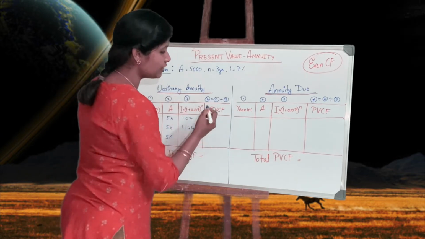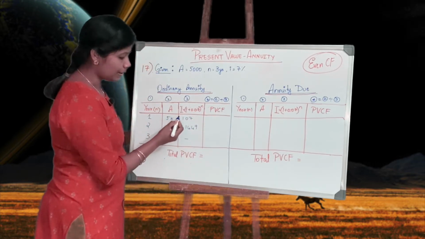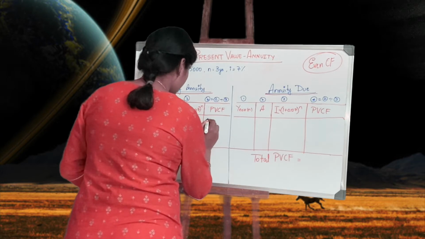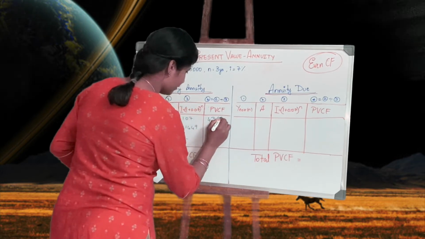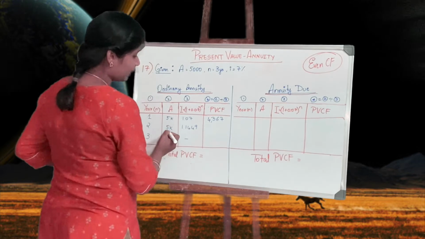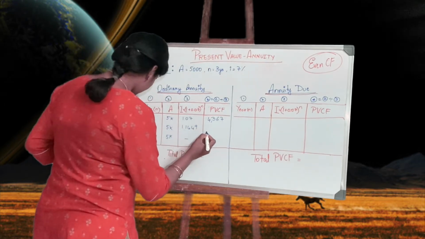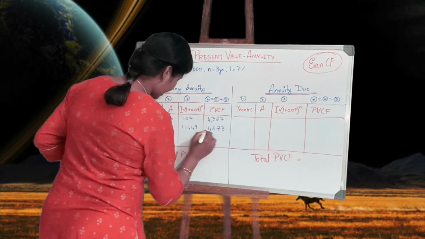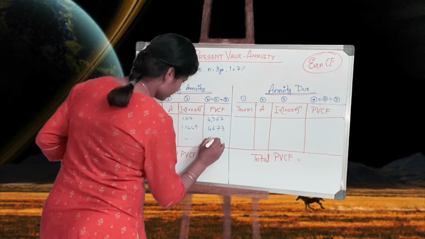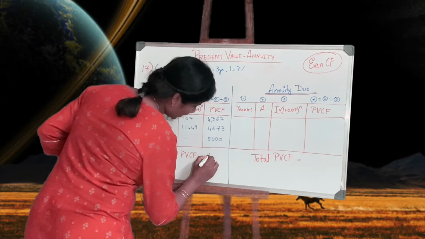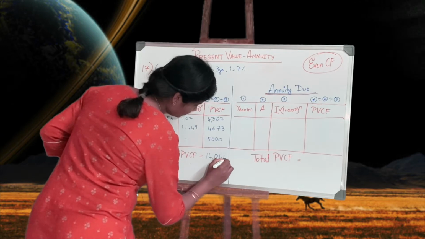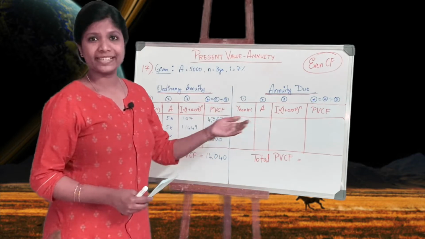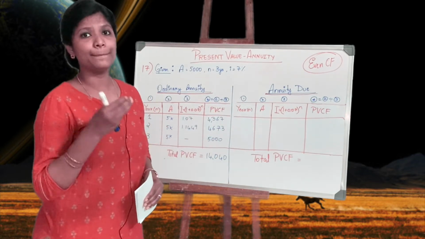So here present value of cash inflows are 5,000 divided by 1.07, that is 4,673. 5,000 divided by 1.1449 is 4,367, and the last one will carry forward as it is, 5,000. So when you're totaling the amount, it will amount to 14,040 rupees.